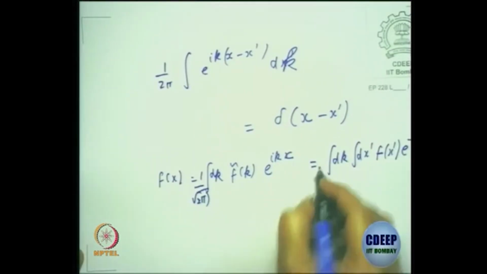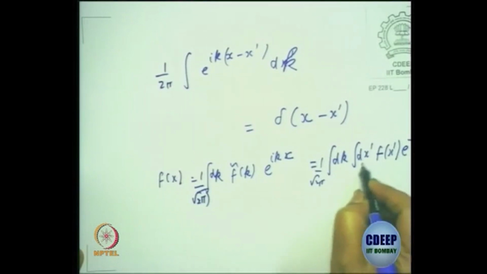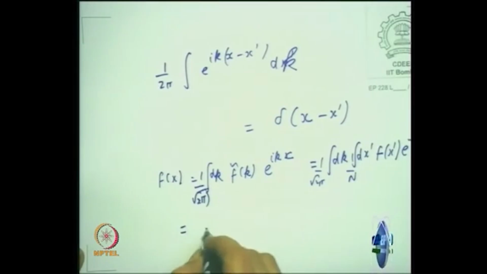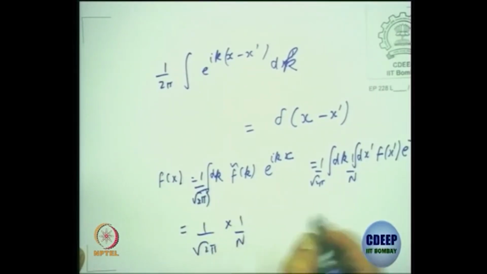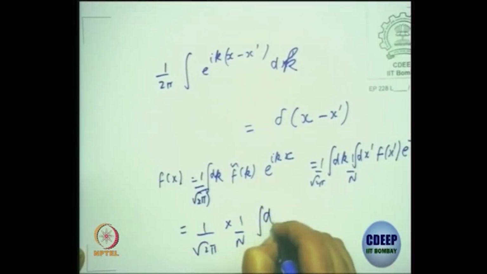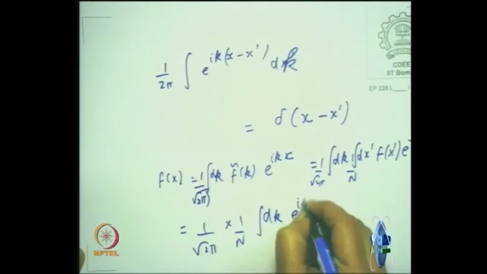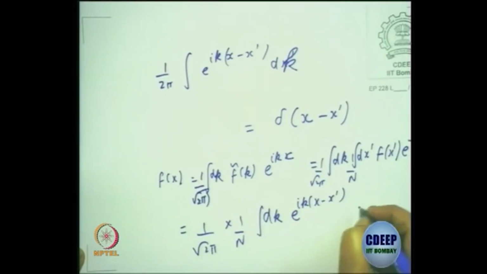Is that right? And 1 over root 2 pi was here already. I don't know what I should put here, let me keep it as 1 over n. So this will be 1 over root 2 pi, 1 over n, integral of dk e to the power of ik(x minus x prime) f of x prime.